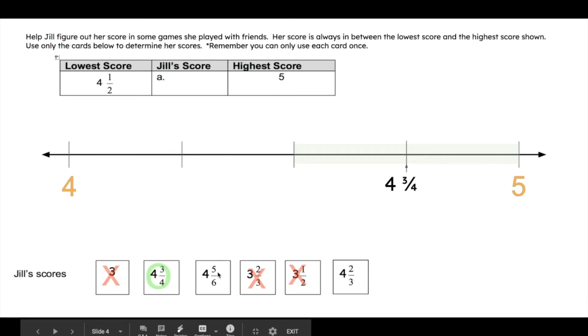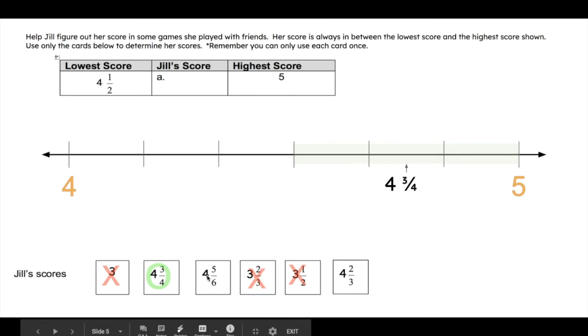All right, 4 5/6. Just like before, I need to first split the number line into 6 equal parts. Right now I have 4 equal parts, so let's get rid of this. Now we're going to find 6 equal parts. I got 1, 2, 3, 4, 5, 6 sections, and they're all the same size, with equal spacing.